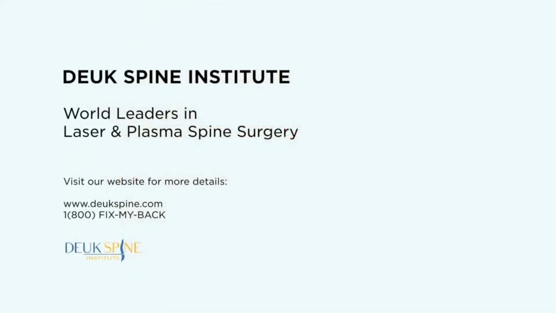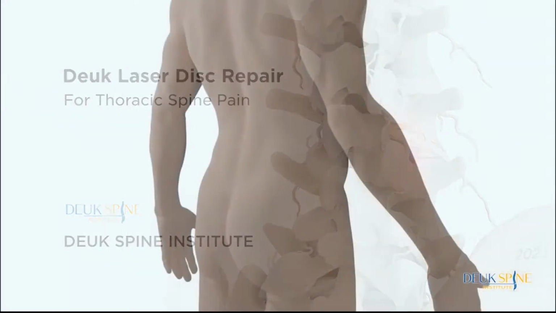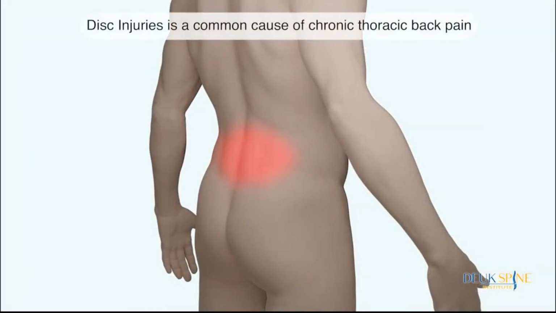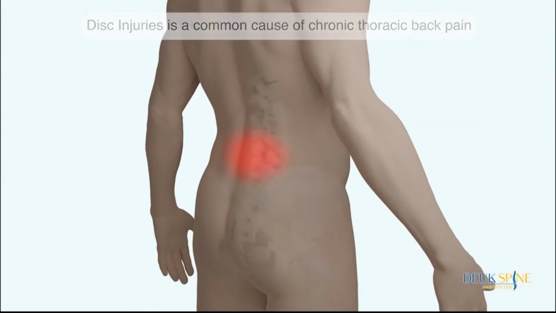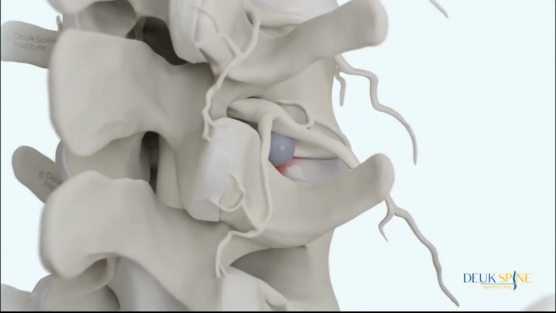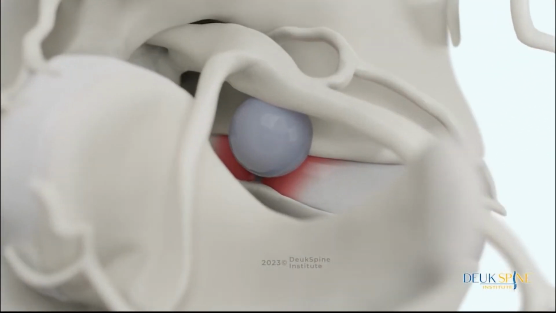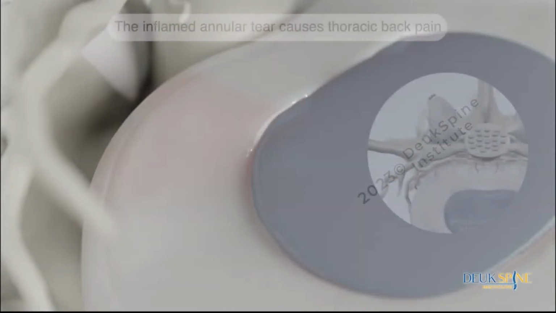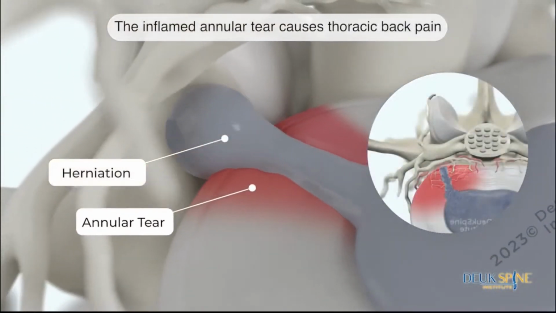For more details, please visit our website or call us at 1-800-FIX-MY-BACK, 349-6922. Disc injuries are a common cause of chronic thoracic back pain. The inflamed annular tear causes thoracic back pain.